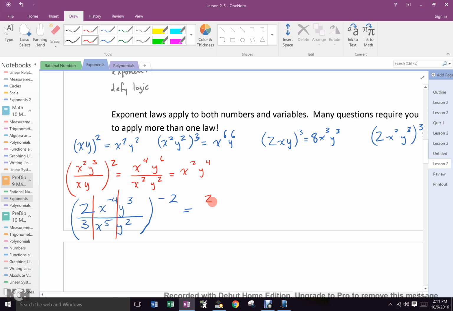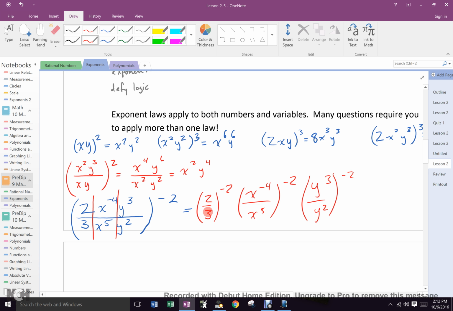I have 2 over 3 to what power? Negative 2. I have x to the negative 4 over x to the 5th, to what power? Negative 2. I have y to the 3rd over y squared, to what power? Negative 2. Now, I have choices. This negative 2 goes where?